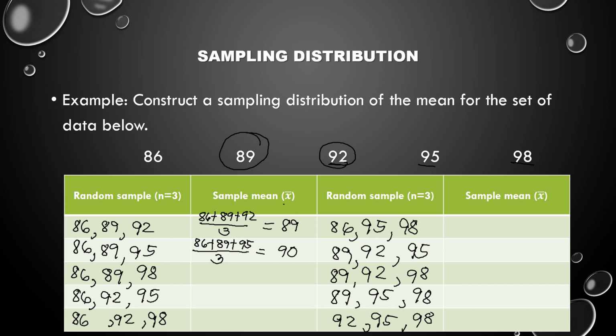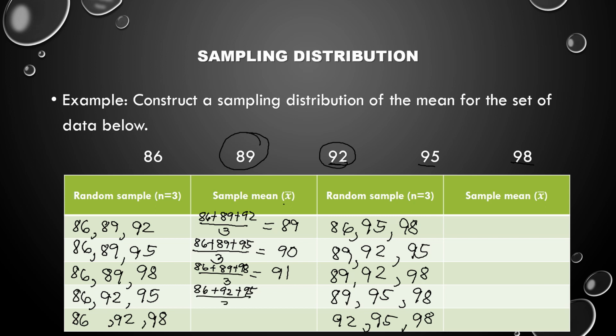Next, we're adding 86 plus 89 plus 98. We divide those values by 3. Computing that, that will be equal to 91. Next one, we have 86 plus 92 plus 95.